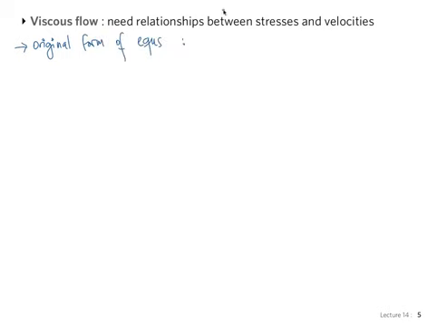The unknowns are U, V, and W, the three components of velocity, plus all the stresses.